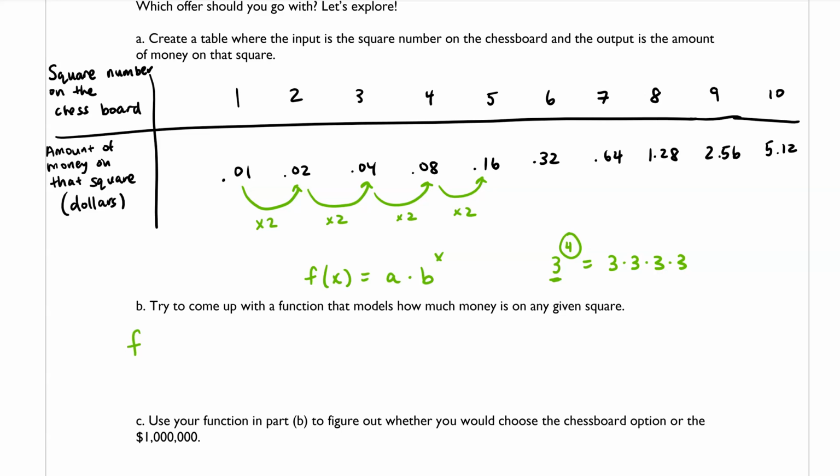So that means that our function is going to look something like f of x equals 2 to the x power, but we still have to figure out what our a value is. What do you think it is? Take a minute to pause the video and ask yourself, what do you think the a value is?